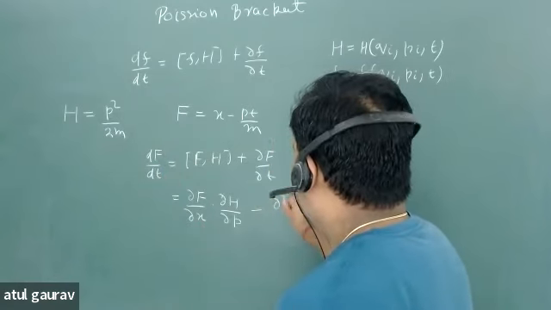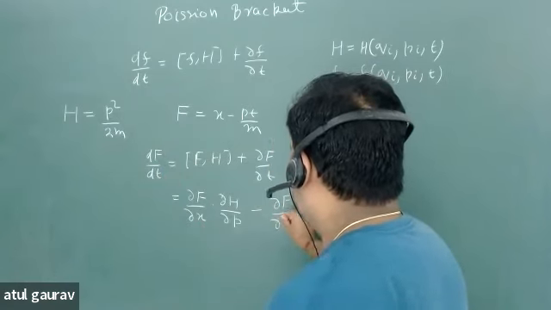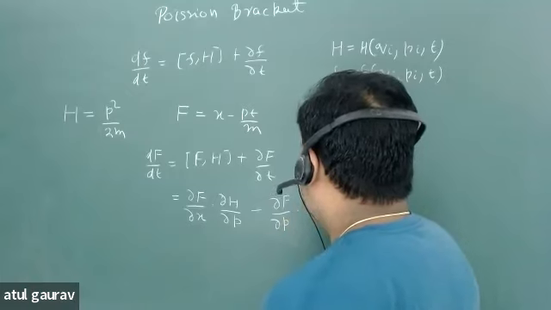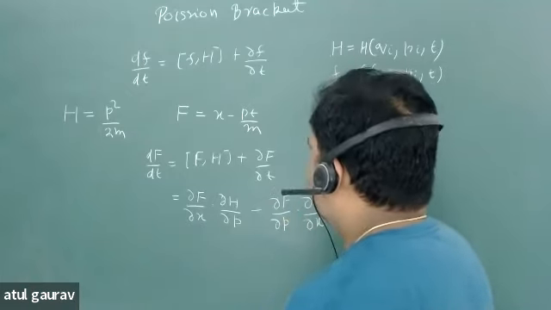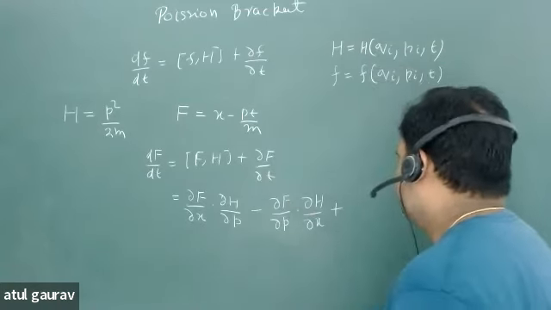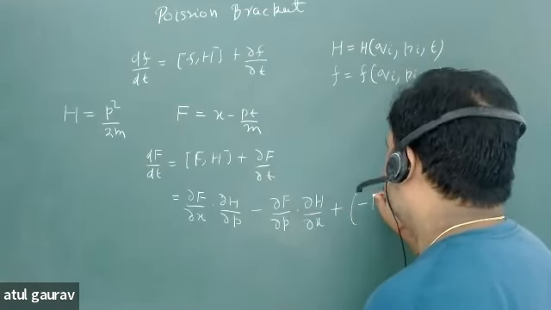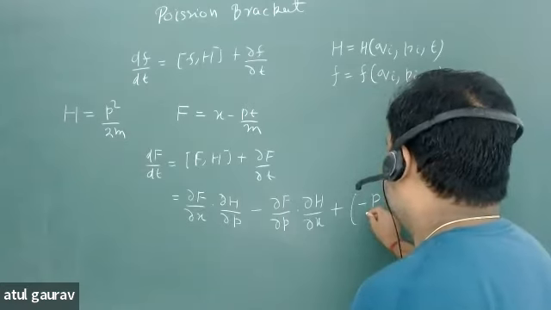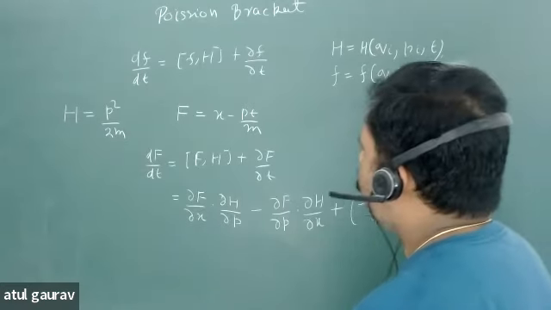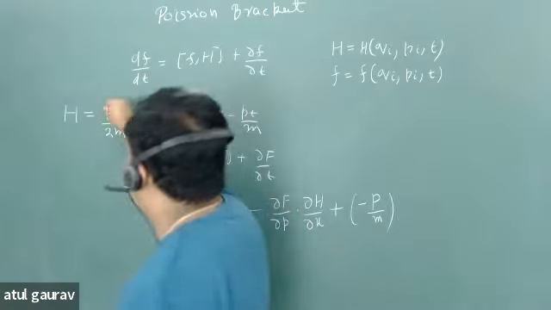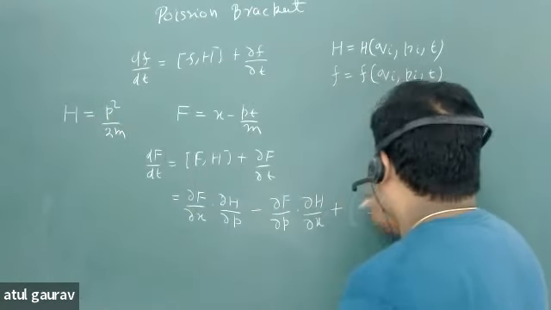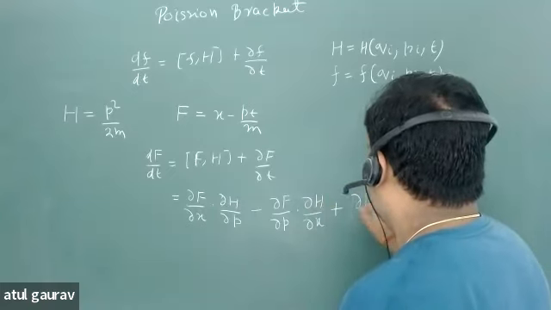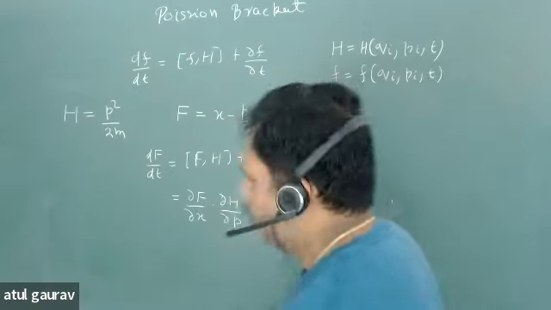Minus ∂f/∂p times ∂H/∂x, plus ∂f/∂t. That value is equal to −p/m. This p and this p are the same p. So we can write ∂f/∂t first, then we will calculate all of this.